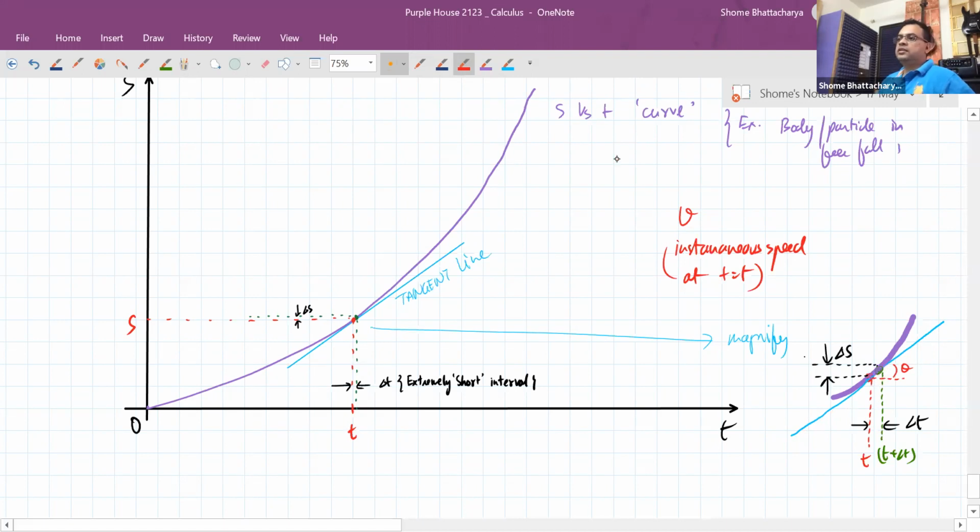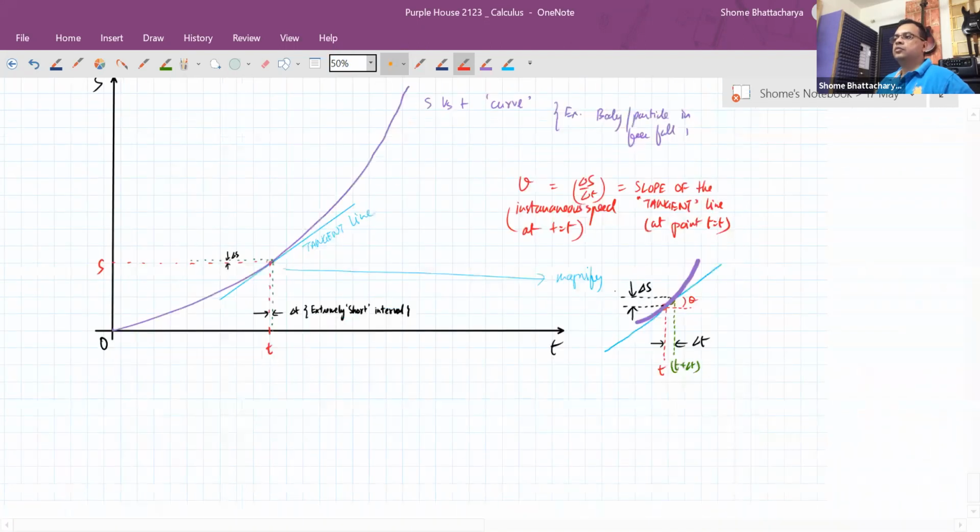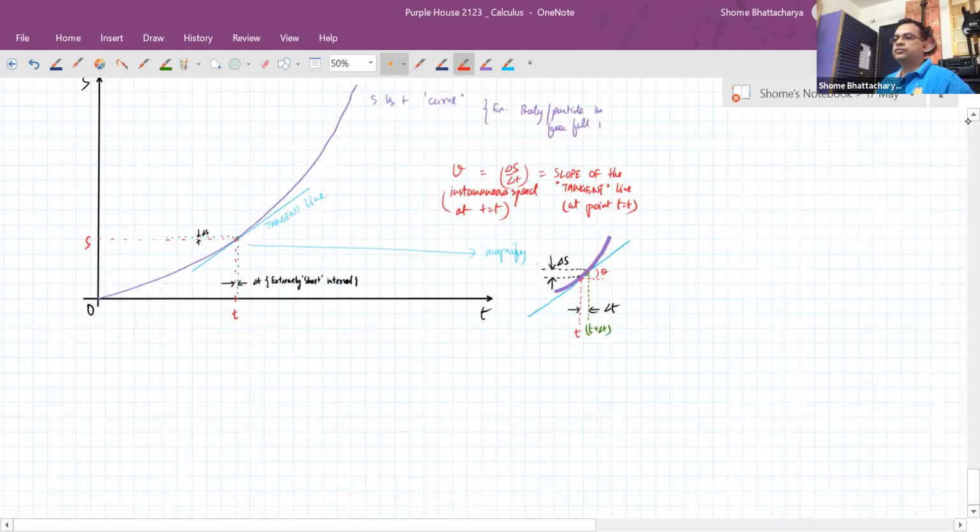So the instantaneous speed, which is delta s by delta t for this very short interval of time delta t, is nothing but the slope of the tangent line at the point t equal to t. We'll come to a technical definition of the tangent line also, but this is what it looks like on the graph.